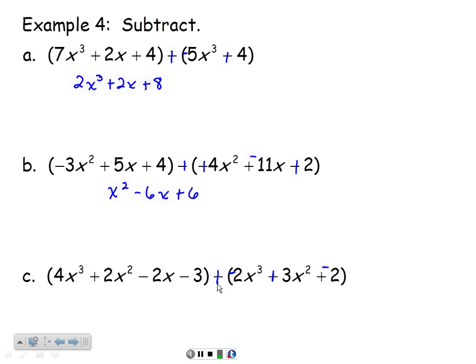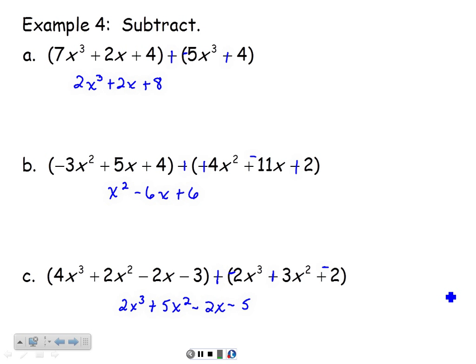And now you're back to combining like terms. 4x to the third and negative 2x to the third is going to be 2x to the third. 2x squared and 3x squared is going to be 5x squared. I don't have anything to combine with that negative 2x, so I'm just going to bring it down. And then negative 3 plus negative 2 is going to be negative 5.